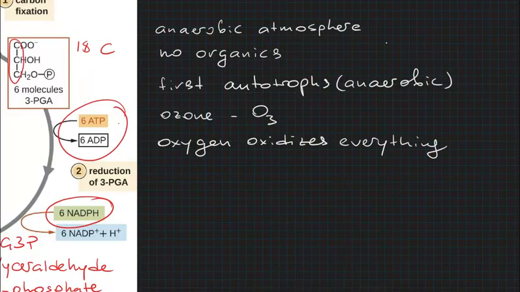And there are plenty of things to oxidize. So those anaerobes tirelessly spit out oxygen. This oxygen tirelessly oxidizes whatever's available. Therefore, the atmosphere remains anaerobic.